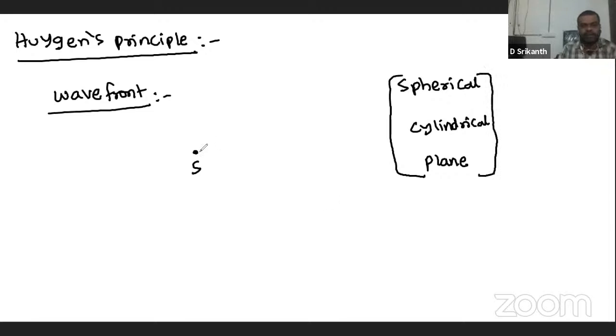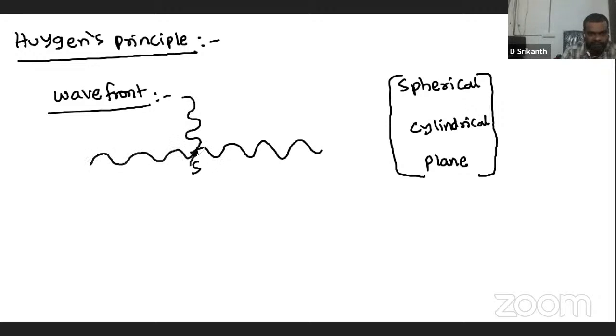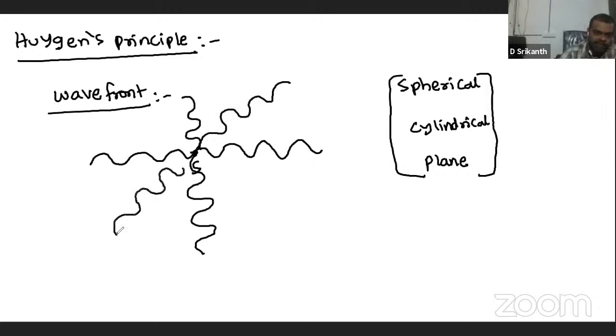So I'm having a source of any shape. Firstly, let me take the spherical shape. Afterwards, I'll consider cylindrical and plane. In the spherical shape, from the source, light rays will emit in the form of a wave in all the directions, like this, even here also.